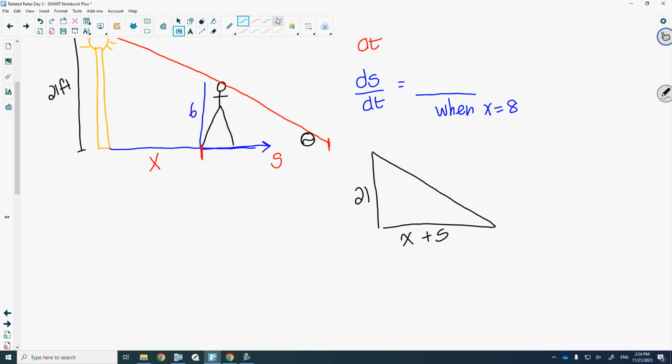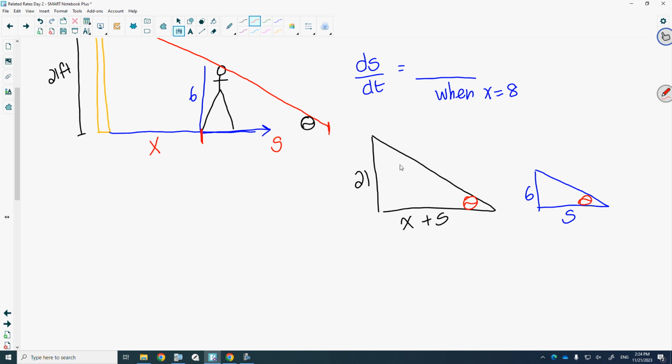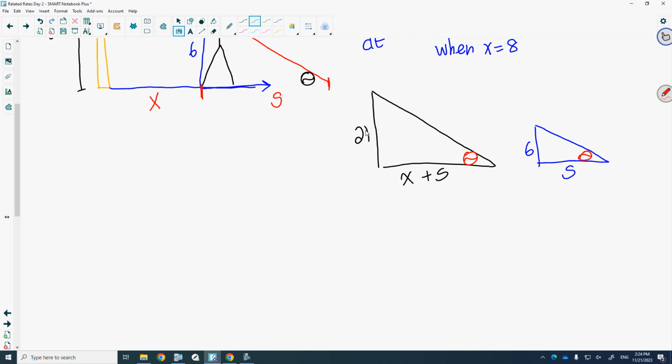The second triangle is created with the man. The man is 6 feet, and there's his shadow. These angles are the same, so they're similar triangles. So I'm going to relate 21 over x plus s to equal 6 over s.